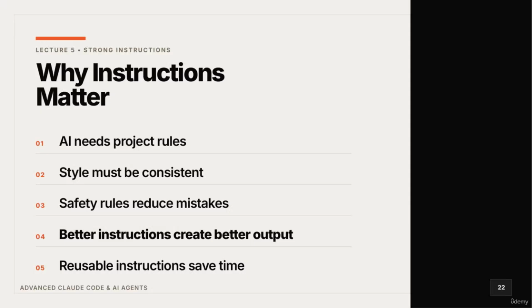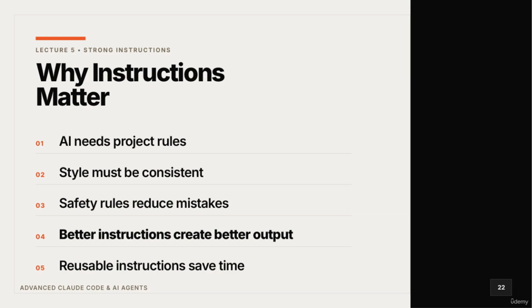In this slide, we're focusing on why strong instructions are essential when working with AI. First, AI really relies on clear project rules to function correctly. Without these rules, the outcome can be inconsistent or off target. Next, maintaining a consistent style throughout the project helps ensure the AI's output aligns with your brand or message.